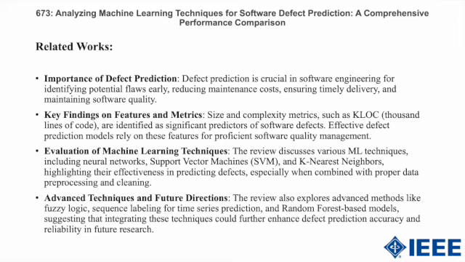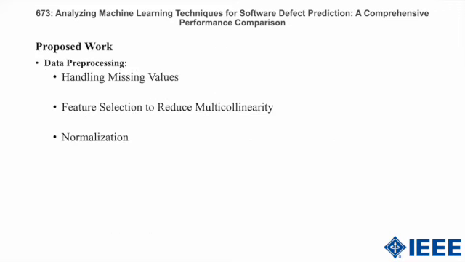Keeping these as the base, we propose the methods. The dataset has been applied to data pre-processing. First, we found some missing values, so we handled them by replacing them with the mean value of the particular feature.